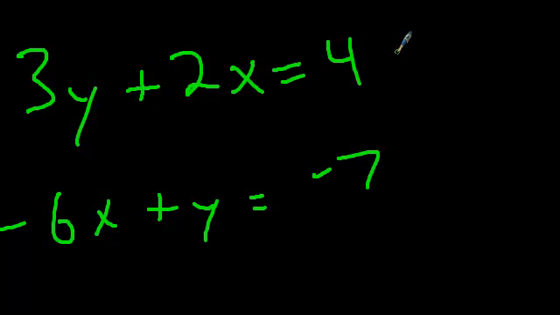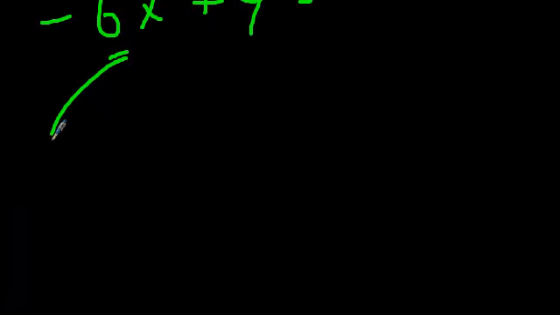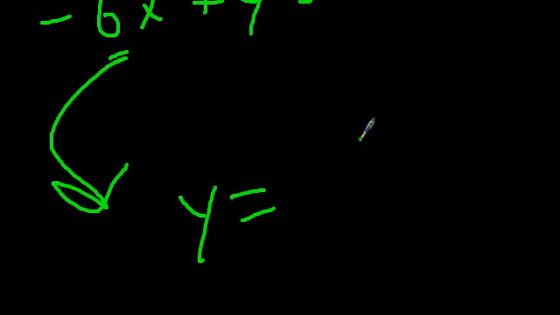I want to avoid that. If I solve for x here, I got to divide by 6. So I have like 1/6 and 7/6. I don't want that. If I solve for y, I got to divide by 1, which is going to be really easy to do. So I'm going to take this equation here. I'm going to solve it for y. So y equals 6x minus 7.